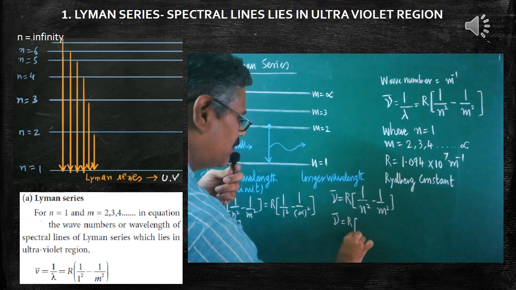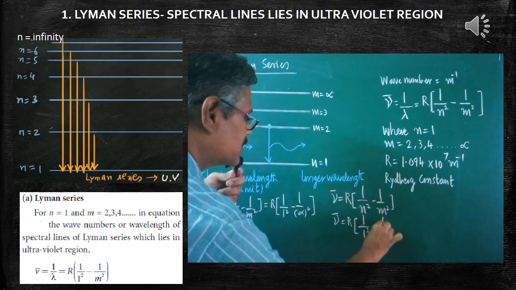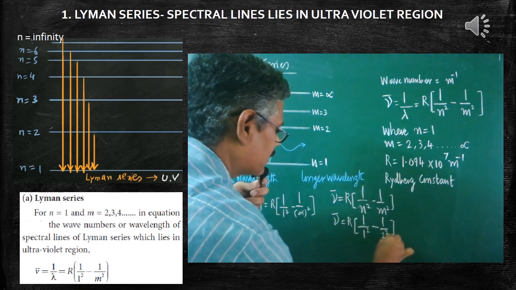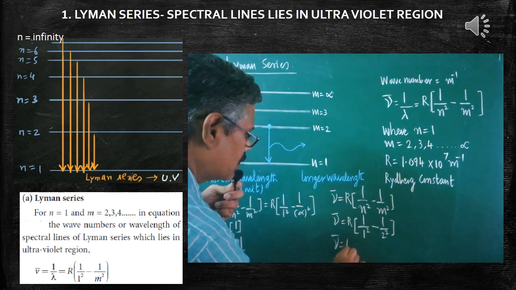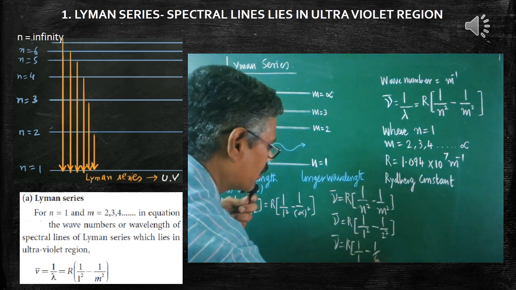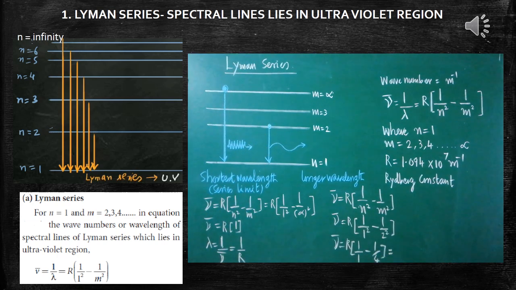How to choose the m and n value? n is already known, 1 square minus 1 by m. m is nothing but 2, 2 square. Nu bar is equal to R into 1 by 1 minus 1 by 4. Are you clear? So after simplification, you will get R into 1 minus 1 by 4, which is equal to, take LCM.